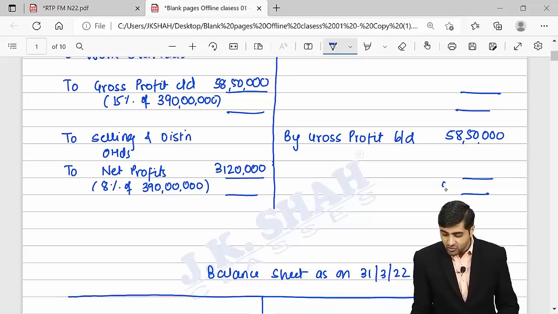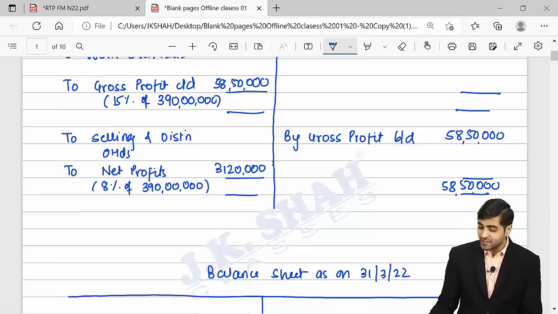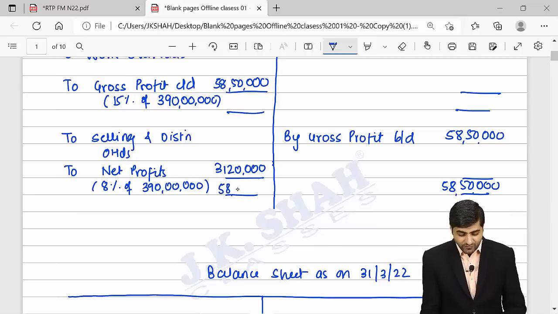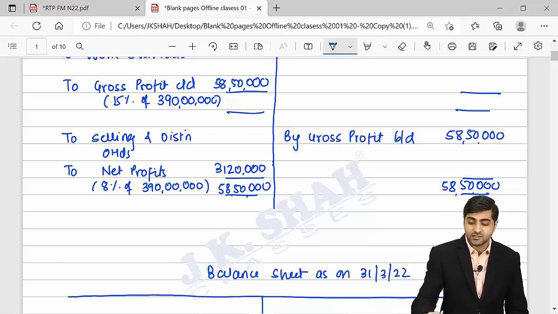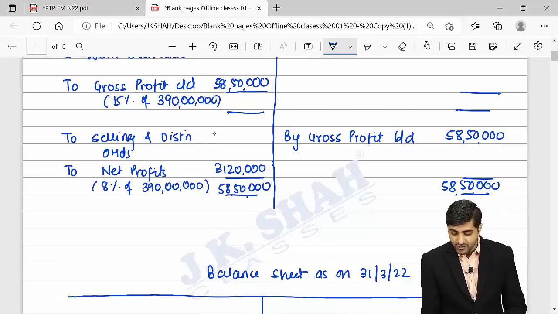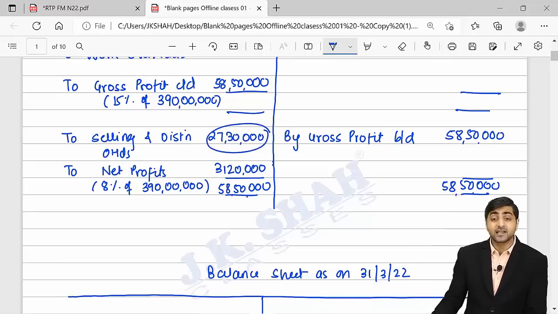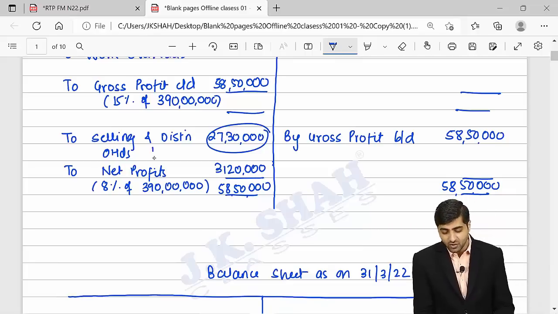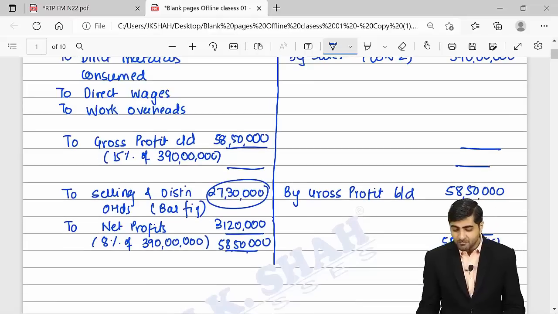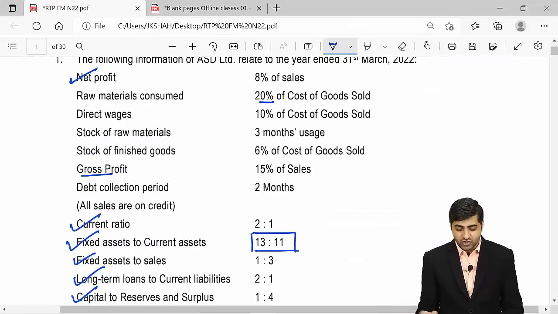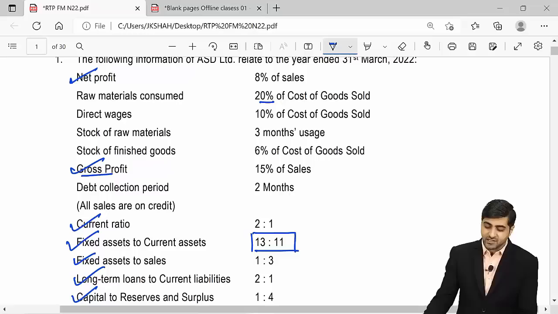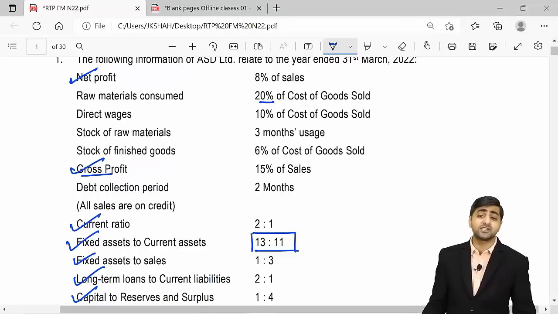So obviously I also know that my total of P&L account here will be 58 lakh 50,000, and from 58 lakh 50,000, if I subtract 31 lakh 20,000, this will actually help me to calculate 27 lakh 30,000, which is nothing but your selling and distribution overheads, and that is your balancing figure. So guys, coming back now to my cost of goods sold, can I say sales minus GP will eventually give me my COGS, yes or no?